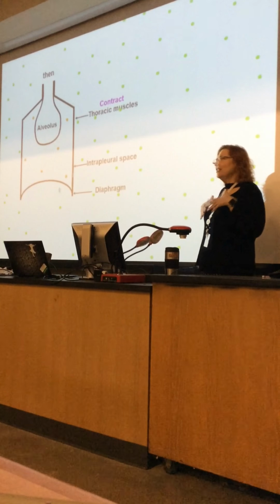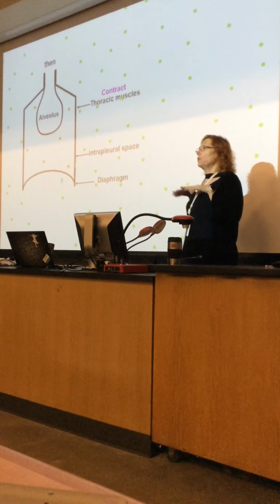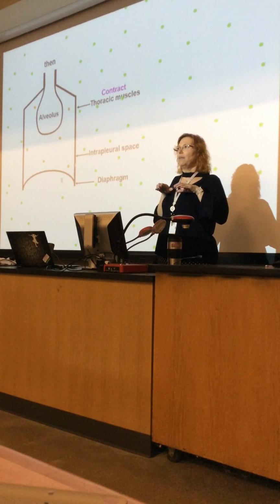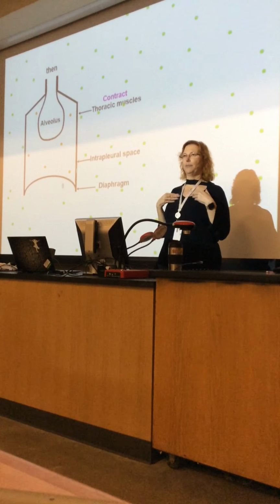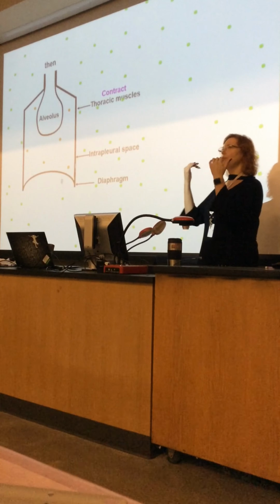My external intercostal muscles contract. Their origin is the superior rib, and their insertion is the rib immediately inferior. In other words, when they contract, they pull the inferior rib up to the superior rib. So rib 12 pulls towards 11, 11 pulls towards 10, 10 to 9. End result, it lifts your rib cage up and out.